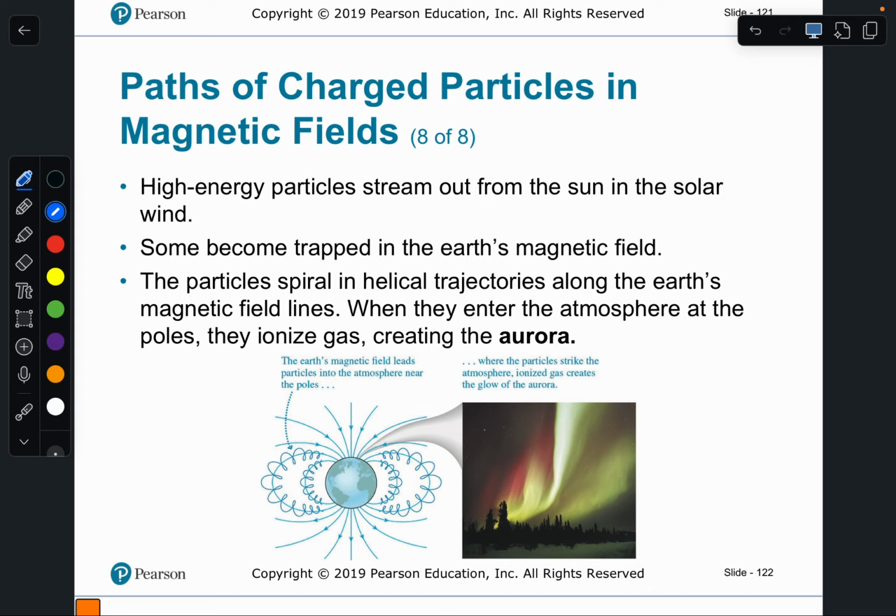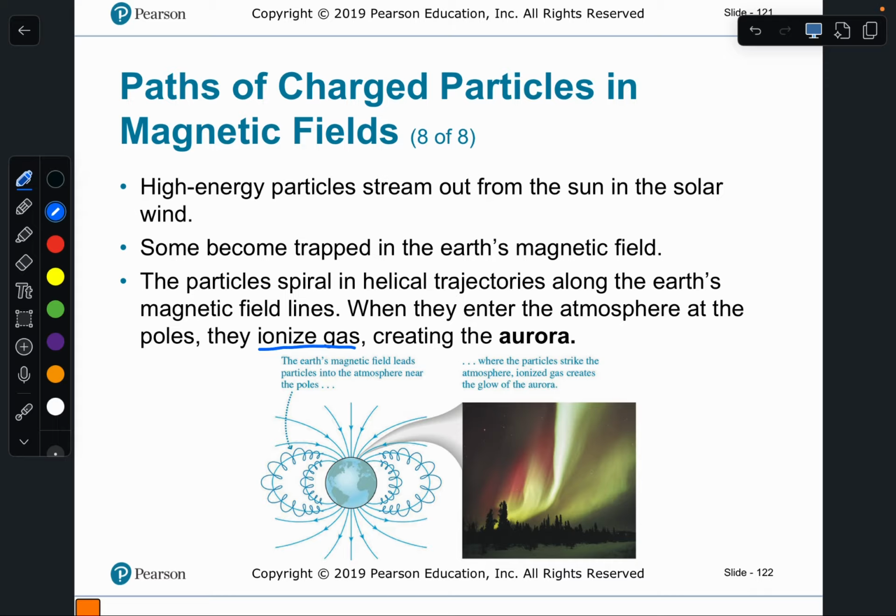But the Earth's magnetic field protects us from those. And we can see that protection because when a bunch of those particles come towards Earth, they get stuck in Earth's magnetic field, moving in helical patterns, and they produce these lights, the northern lights, because those particles hit the gas of our atmosphere and ionize it.